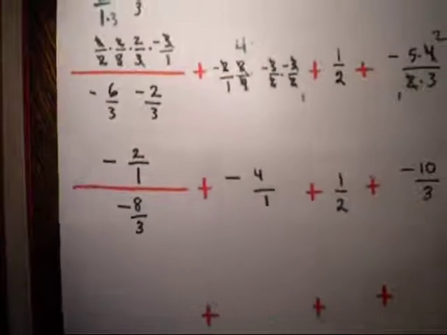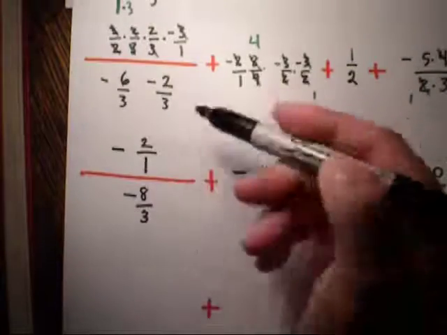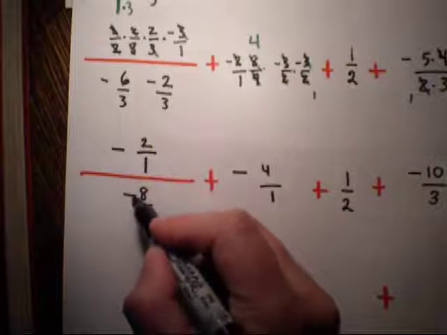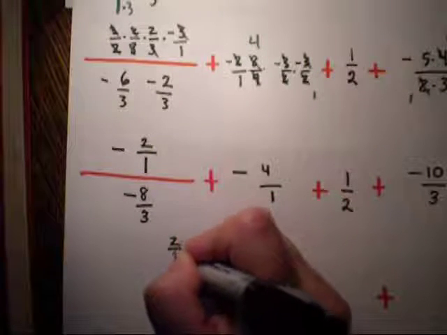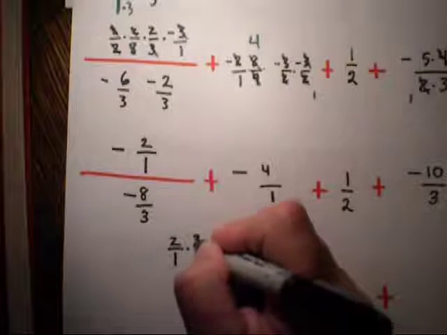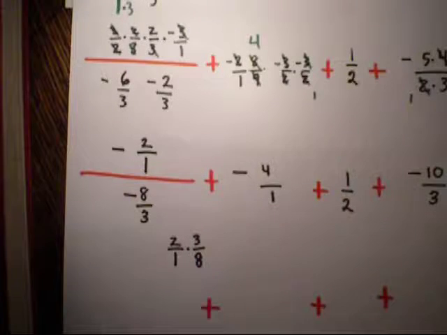Okay, now I've got almost 4 numbers. I still have to do the division here before I can do the addition. Negative divided by a negative is positive. Let's take 2 over 1 divided by 8/3. To divide by a fraction, flip it over, multiply by the reciprocal.